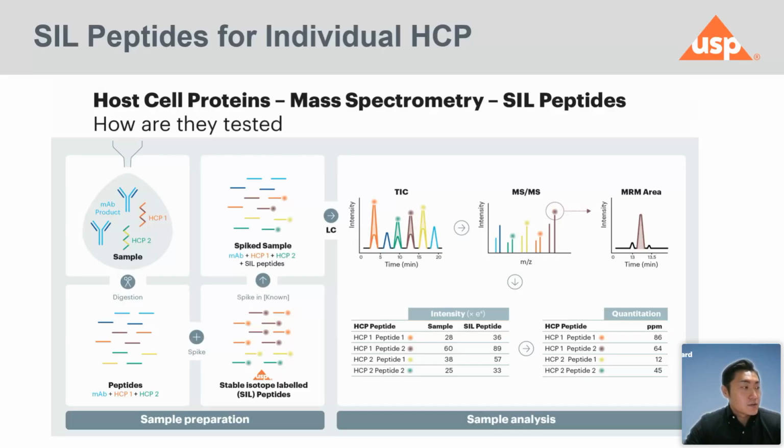Specifically, when using the relative peptide quantitation approach described in chapter 1132.1, because of the distinct isotopic nature of these peptides, they can be added directly into samples without interfering with quantitation of non-labeled protein from the digested host cell proteins.